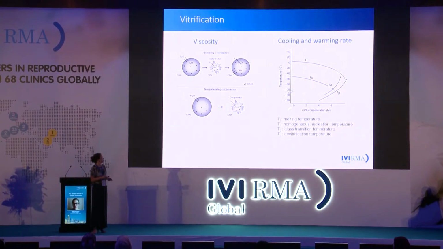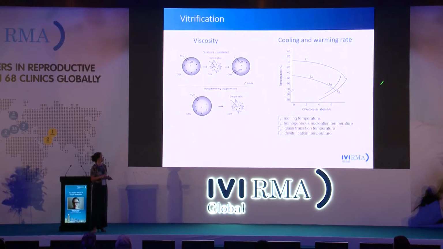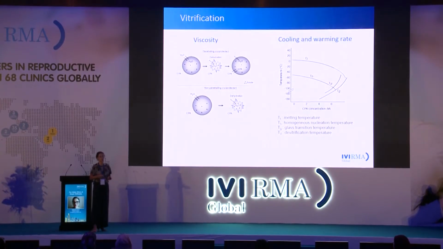Depending on the CPA concentration, the glass transition temperature can be reached, in which your liquid will form into a glass. The faster you move through these phases, with a high cooling rate, the more you prevent ice crystal formation. During the warming, it is very important that you warm fast, because once you go above the devitrification temperature, you have a possibility of recrystallization, where small ice crystals can recrystallize.